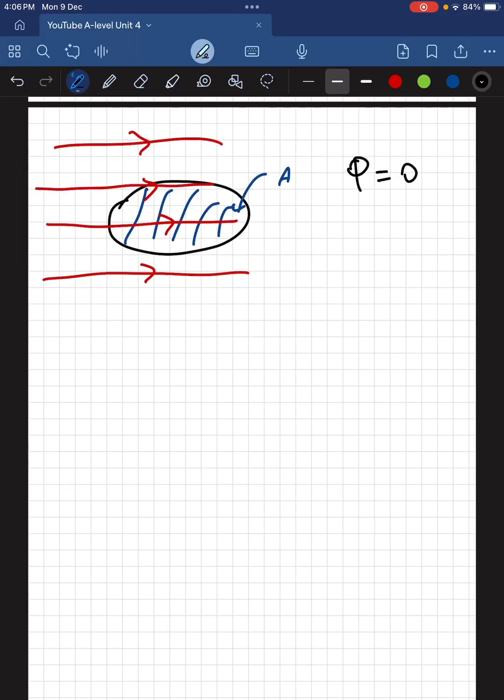So let's assume that now the magnetic field cuts through the cross-sectional area at an angle theta.